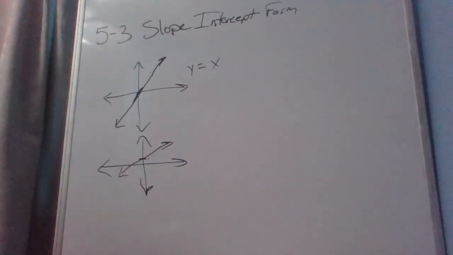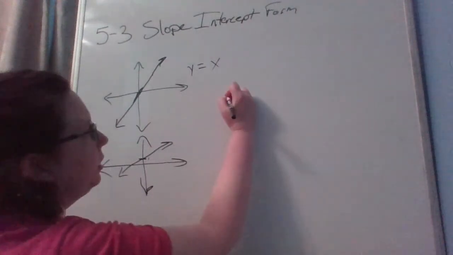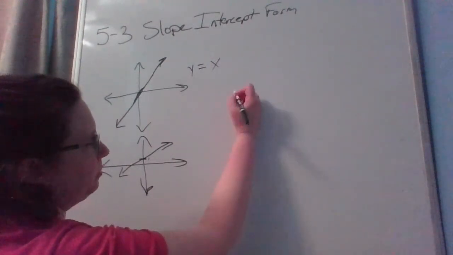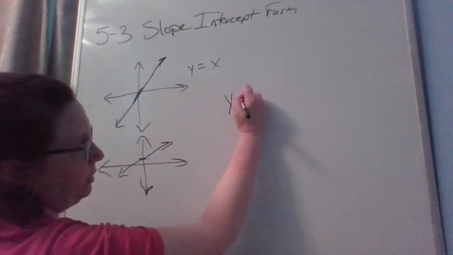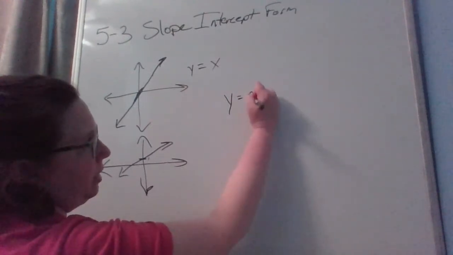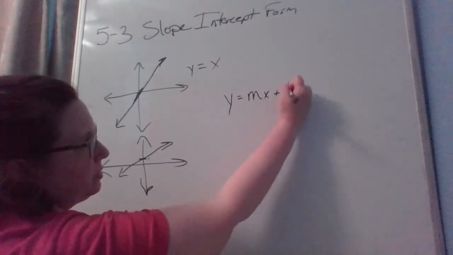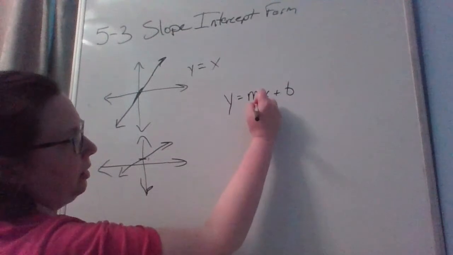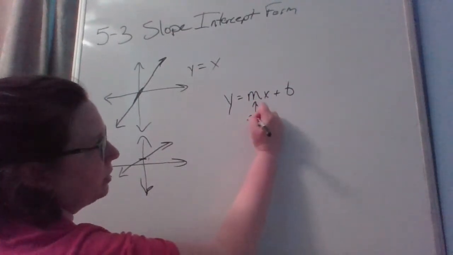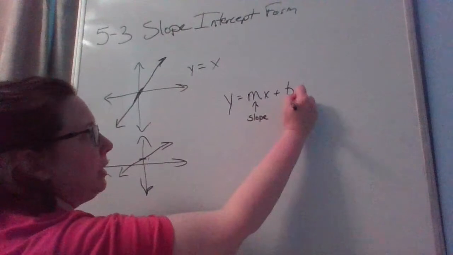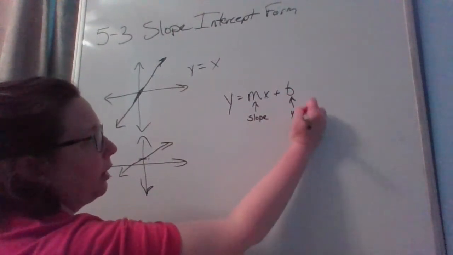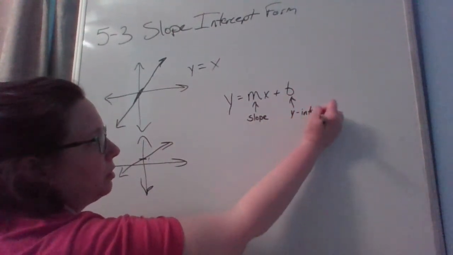Last thing here, last vocab, is the slope-intercept form. The slope-intercept form is y equals mx plus b. Now, m we talked about in the last section is slope. B is that y-intercept.